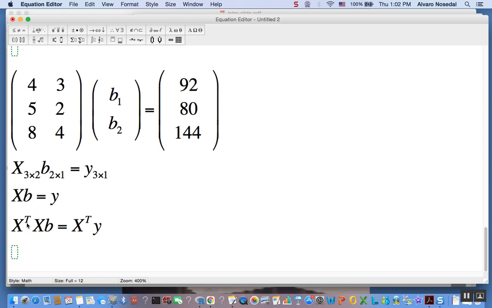Let's check that we can carry out that multiplication, that they are conformable. Let me rewrite it.